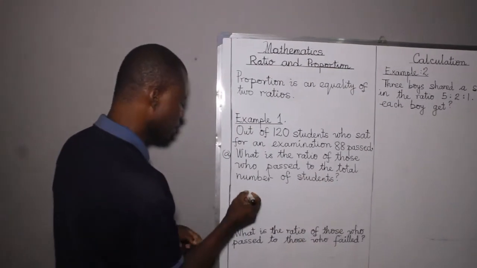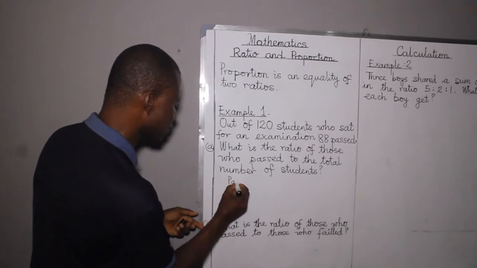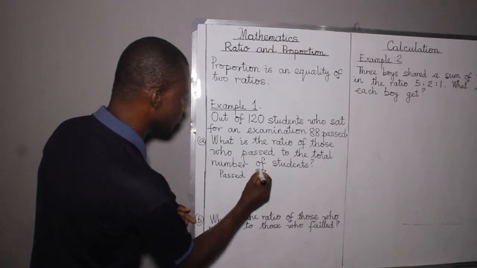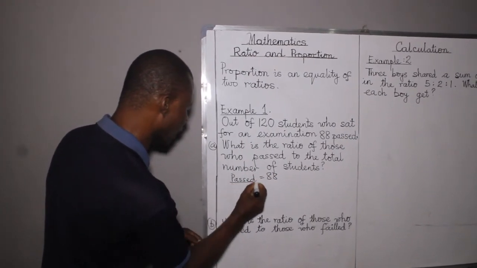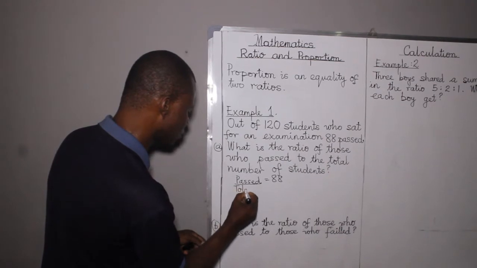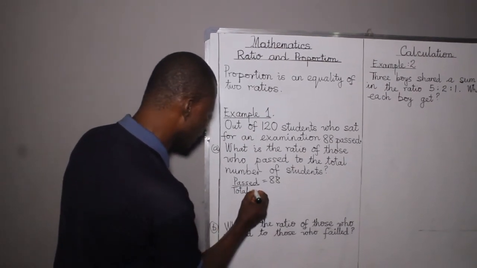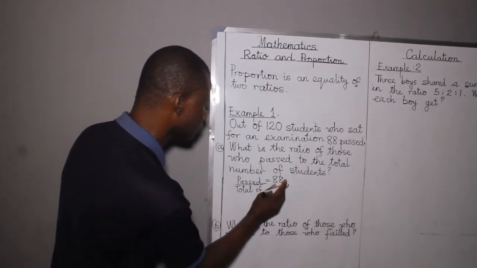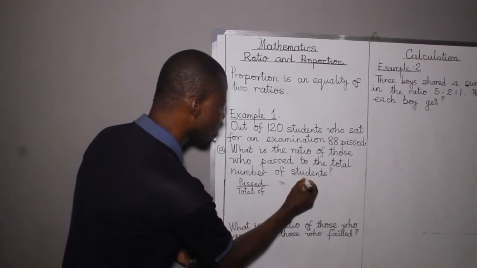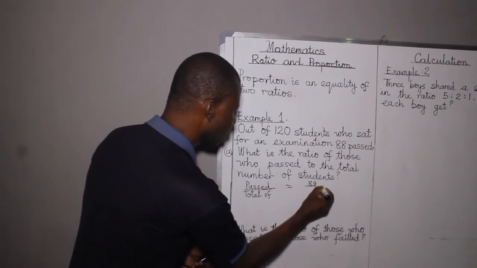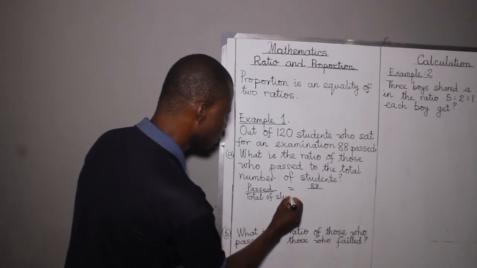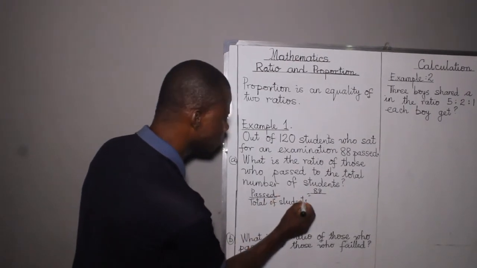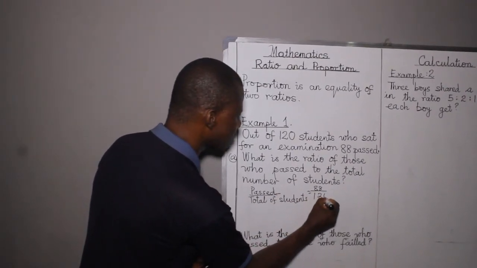So those who passed, they are 88. And the total number of students gives you 120.